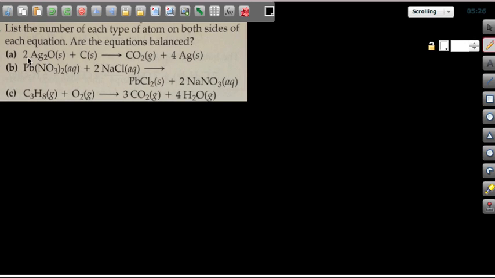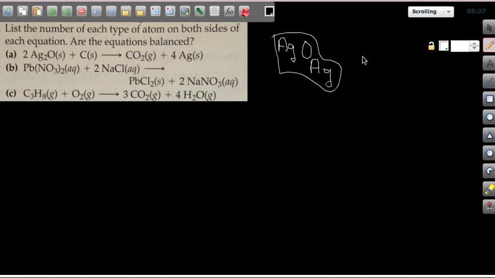I have altogether 4 atoms of silver, and indeed, I have 4 atoms of silver on this side. I have 2 atoms of oxygen, and I have 2 atoms of oxygen. If it's difficult for you to see that there are 2 atoms of oxygen, make silver oxide: 2 silver atoms and 1 oxygen atom, and that is silver oxide here.